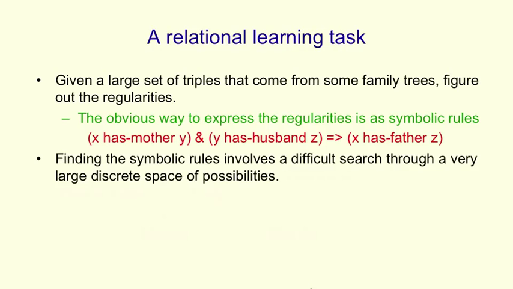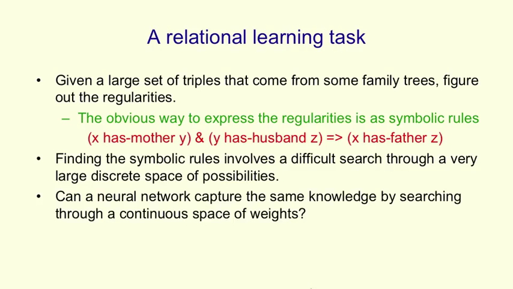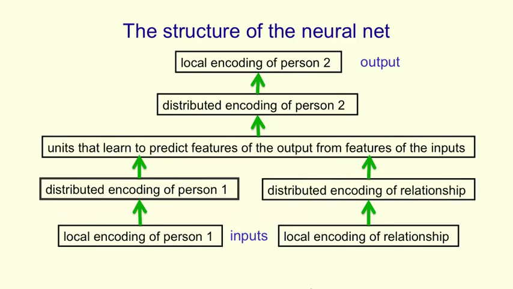A very different way to try and capture the same information is to use a neural network that searches through a continuous space of real-valued weights. And the way it's going to do that is we're going to say it's captured the information if it can predict the third term in a triple from the first two terms.